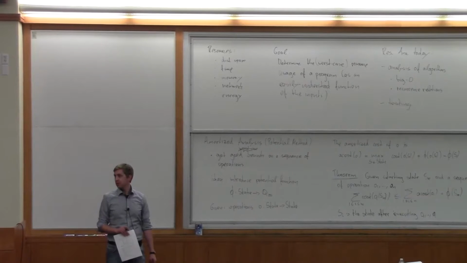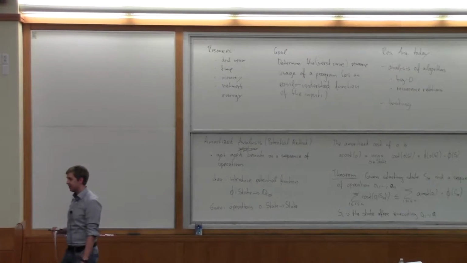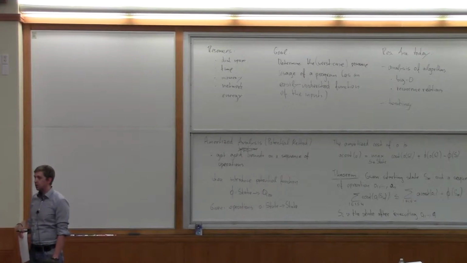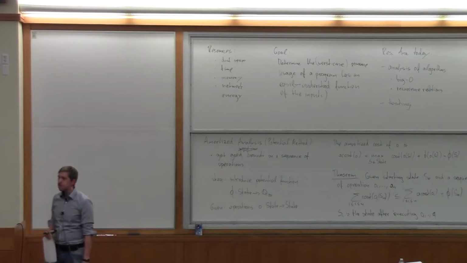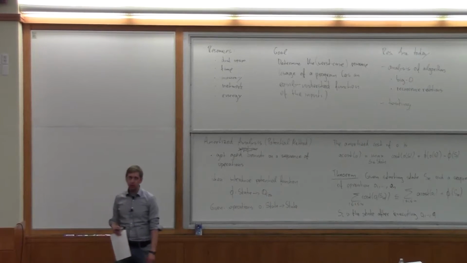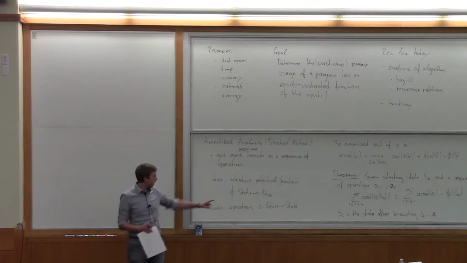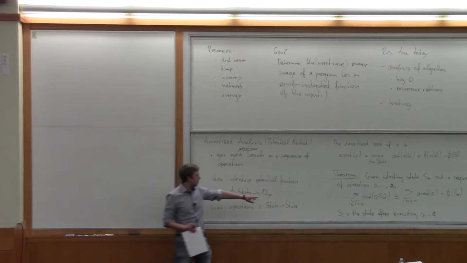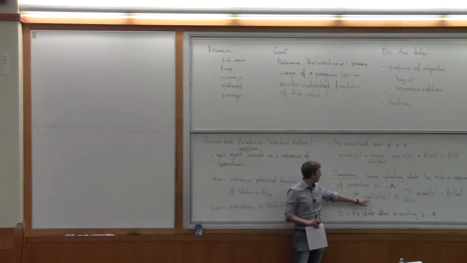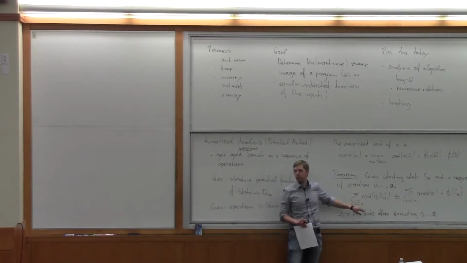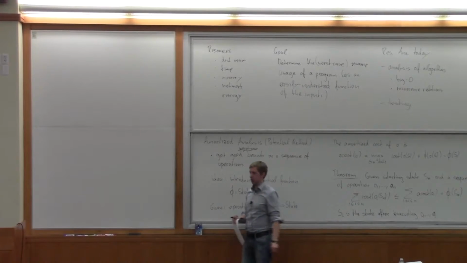Good. But we're still talking about worst case analysis and not average case analysis, even if things average out. Exactly, and that's an important point. The cost here is like the worst case cost of the operation, so you still get a bound on the worst case.